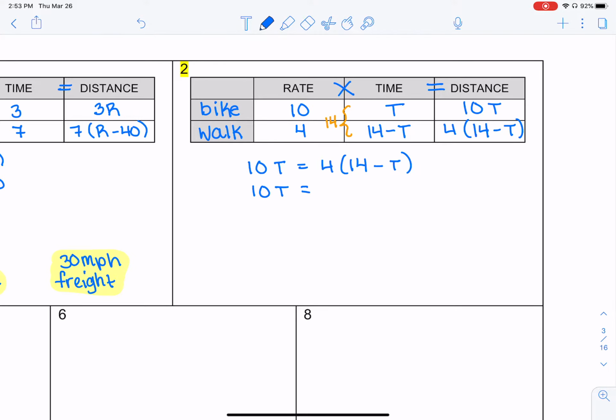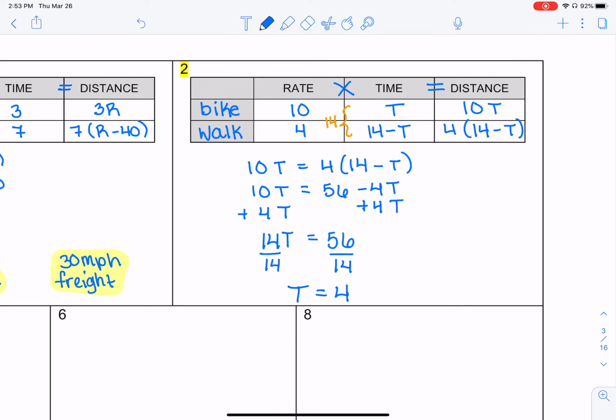So 4 times 14 is 56 minus 4t. Add the 4t over to the left side of the equation. So now we have 14t equals 56. Divide both sides by 14, and I get t equals 4.